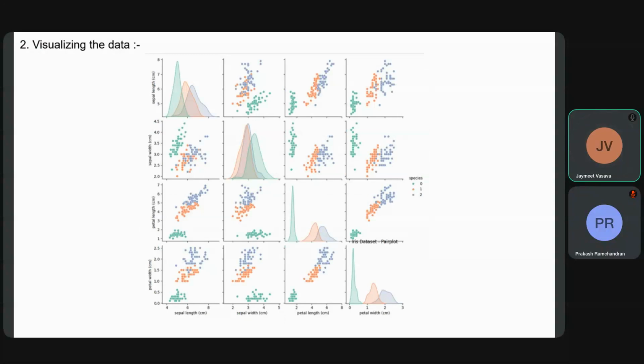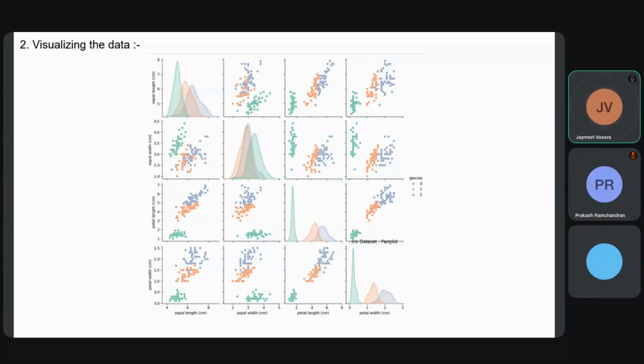Visualizing the data using pair plots, you can see how they display the relation between different features, using different colors and different dimensions.